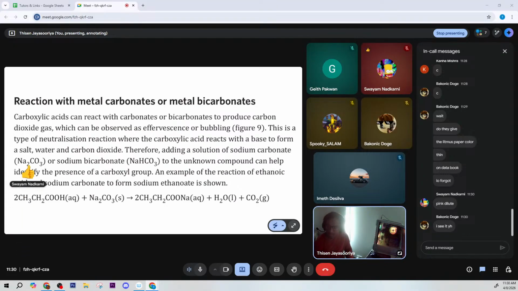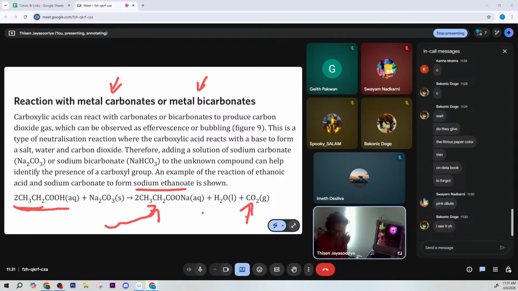Now this is another carboxylic acid test. Here, this carboxylic acid test is instead reacting. So if we react it with a metal carbonate or a metal bicarbonate, we should see the presence of some gas being formed here.